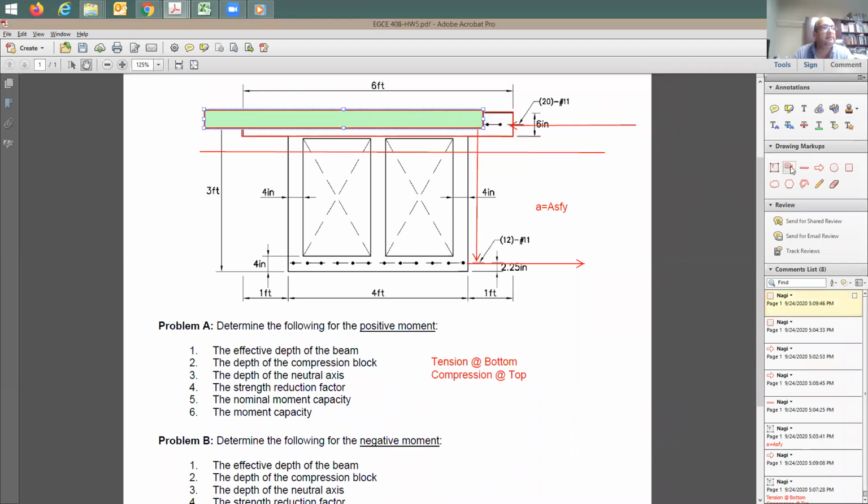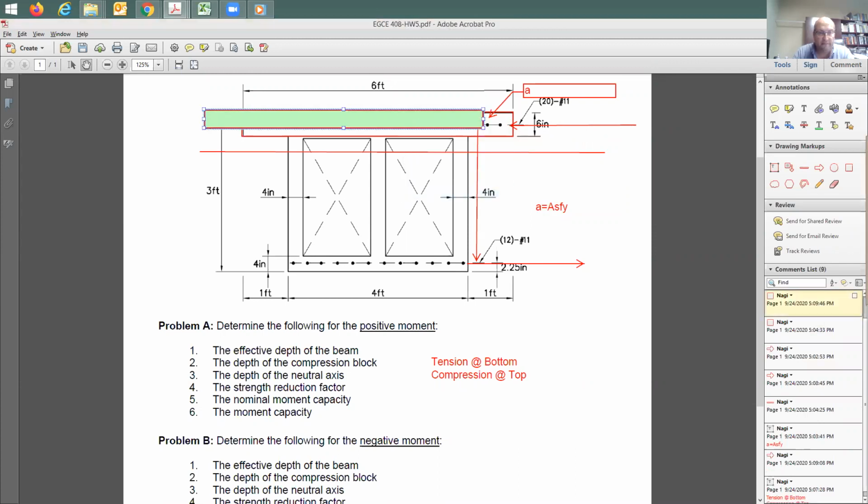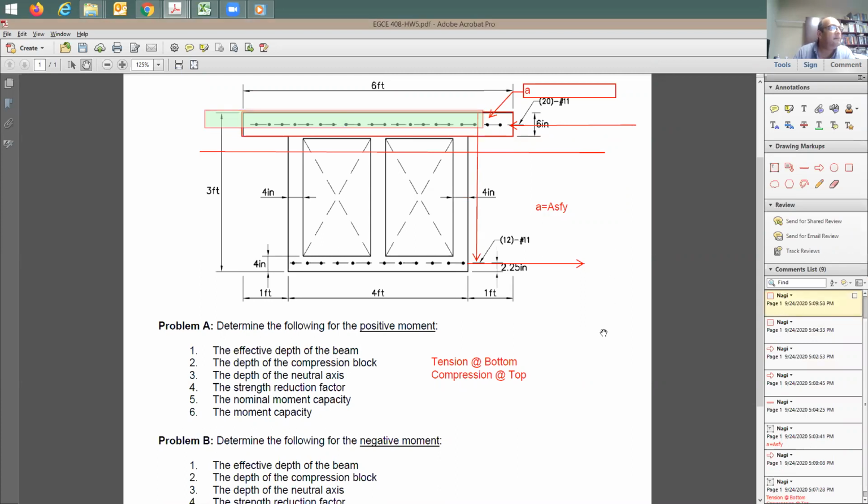Yes. So this depth here is going to be equal to A, the depth of the compression block. The depth of this shaded area is equal to A.